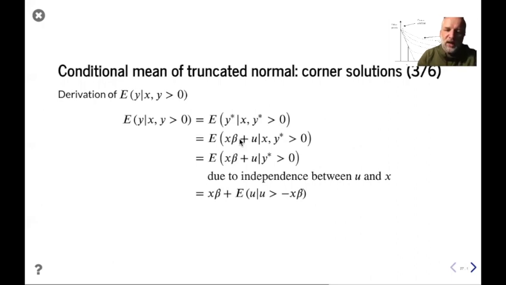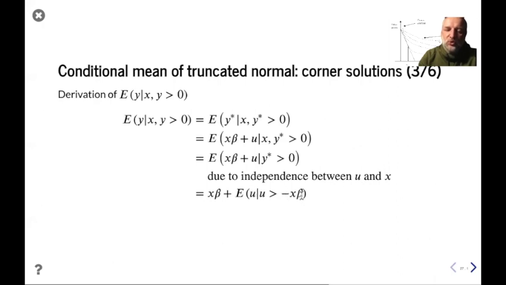First of all, conditional on x, x is known, so you can move it outside the expectation operator, and then you're left with u conditional on y star being positive. Then, because of the independence between u and x, you don't need to condition on x anymore.